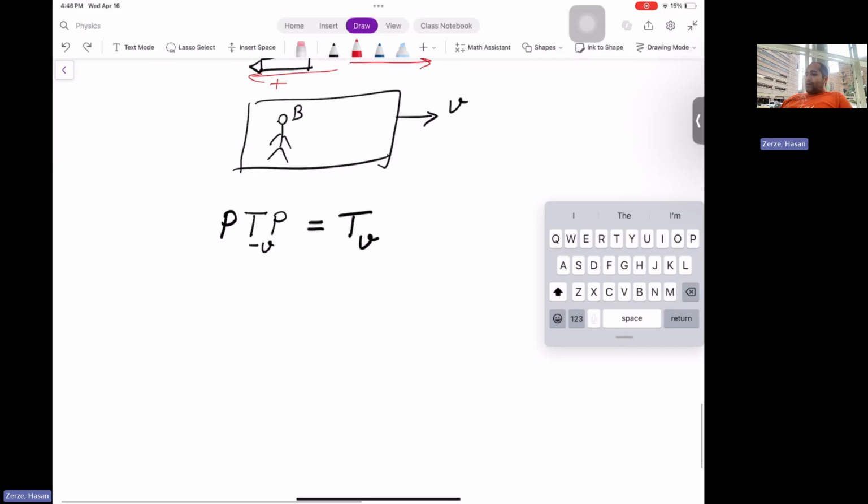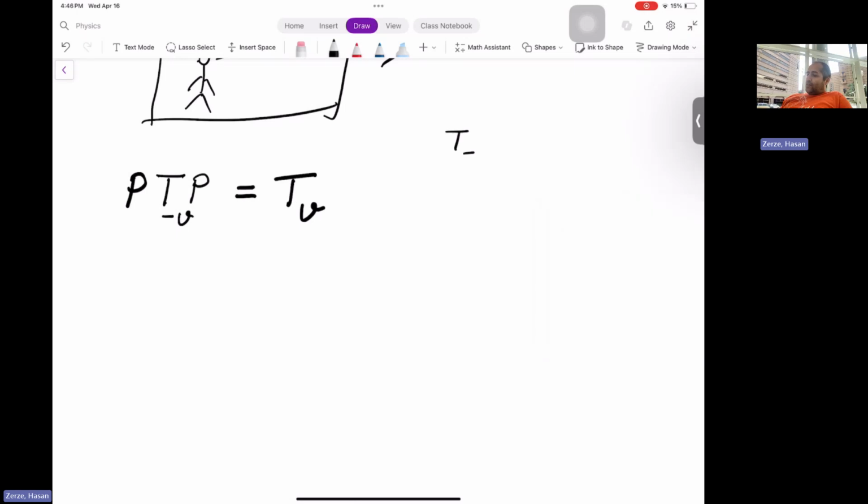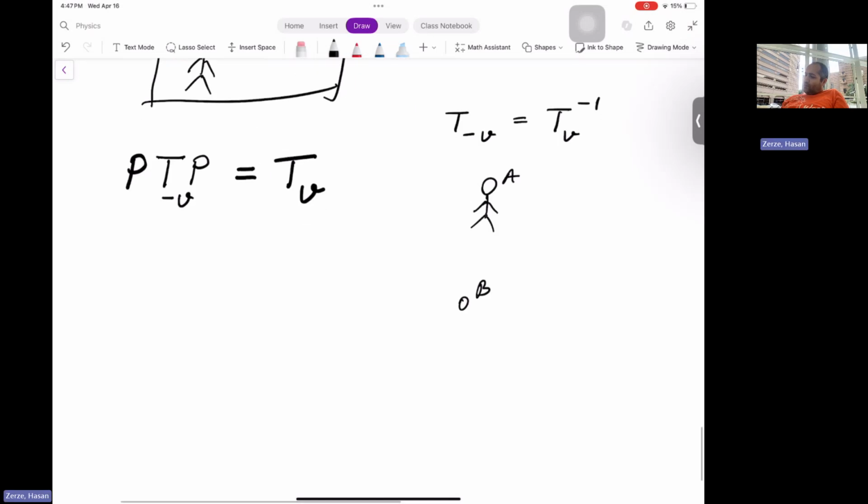Okay. Now, also note that T minus v is the inverse operator, TV inverse. The reason for this is because if you do two operations, like one operation and then another operation along the other direction, say you have A and then B here.